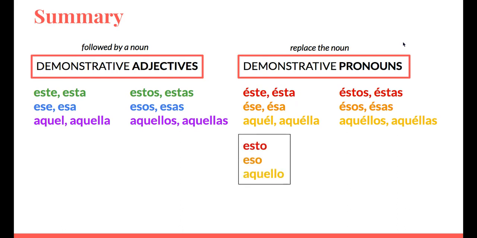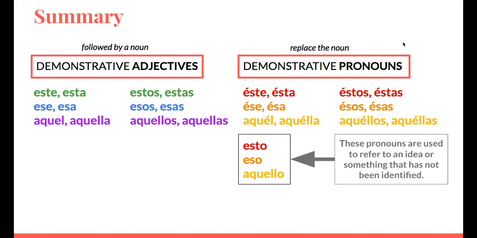And I'm so sorry. I mean, I'm not, but I'm kind of sorry to add one more thing. There are also demonstrative pronouns that are used to refer to an idea or something that's not been identified. They would be esto for something closest, eso, something a little bit further, and aquello for something even further away.